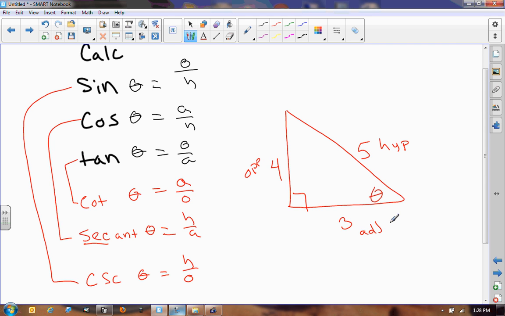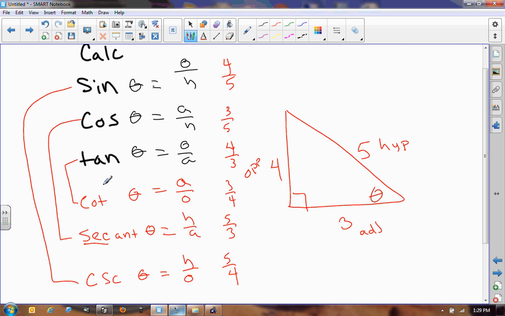So we go, okay, O over H is 4 over 5, A over H is 3 over 5, O over A is 4 over 3. Doesn't matter if it's an improper fraction, leave it alone. Then you start flipping: H over O is 5 over 4, H over A is 5 over 3. Again, it does not matter if it's an improper fraction.